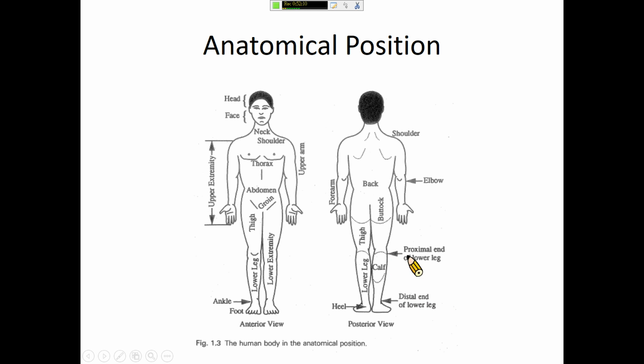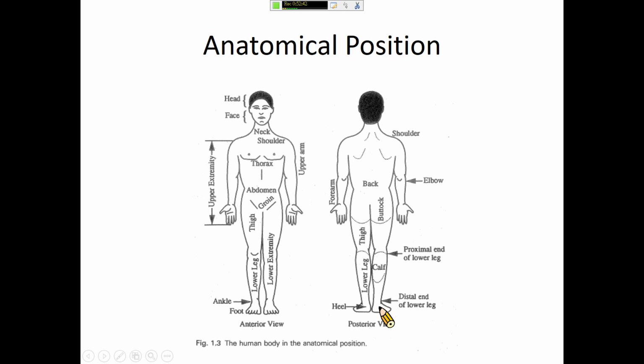This end is called proximal end. Proximal means near, close. So this end is closer to the center of the body, which is why it is called proximal end. This end is far from the center, so that is why it is called distal. Distal means far, at a distance.